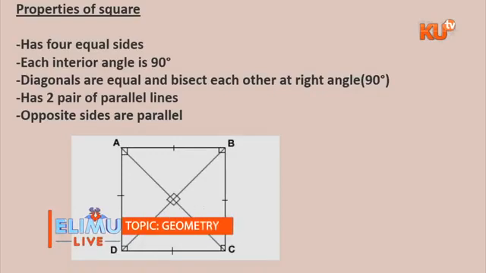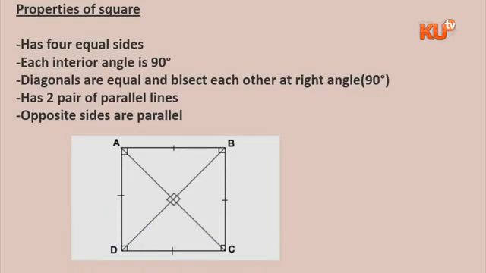The fourth property of a square is that the diagonals are equal. The fifth one is that diagonals bisect at 90 degrees. Diagonals bisect at right angles.